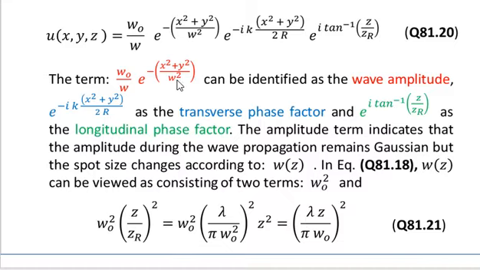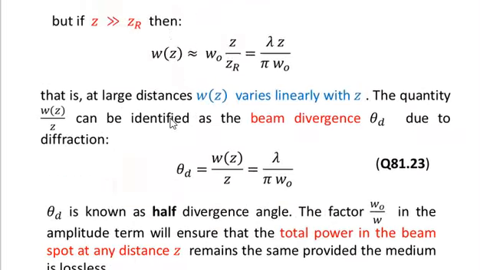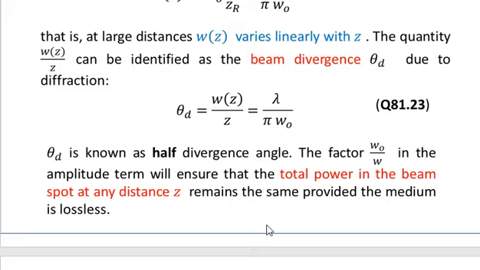So w of z is a function of z, which will increase. Then of course this Gaussian profile is modified, but the shape will remain Gaussian, while the width of the Gaussian will expand with w of z as a function of z. When z increases, the Gaussian profile will expand, and w naught over w will take care of the factor that the power in that profile remains the same.